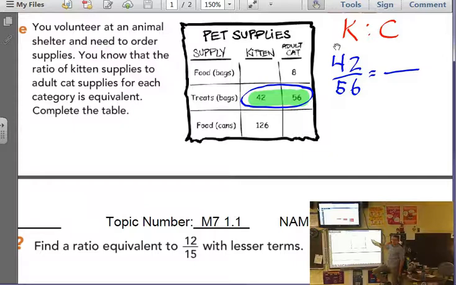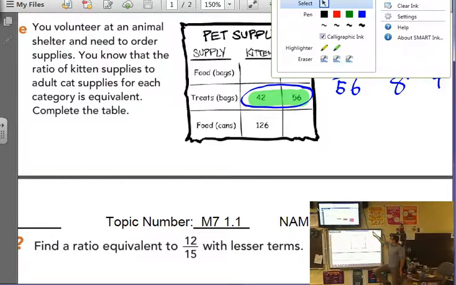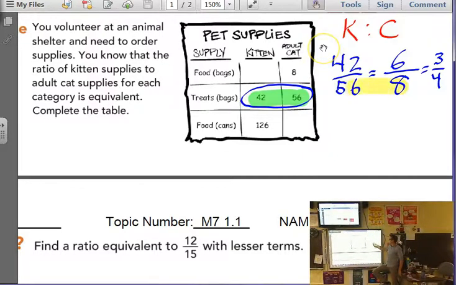What's 42 divided by 7? 6. 56 divided by 7? 8, which actually can then become 3/4. So I could have actually divided here by 14, but it's totally fine that we didn't. Now this is really nice because my denominator is the cat values and my numerator is the kitten values. So this is as far as I can reduce it, 3/4.